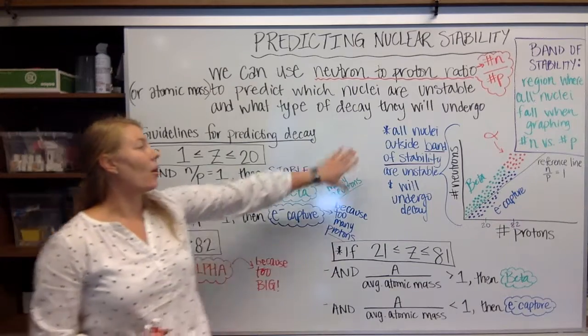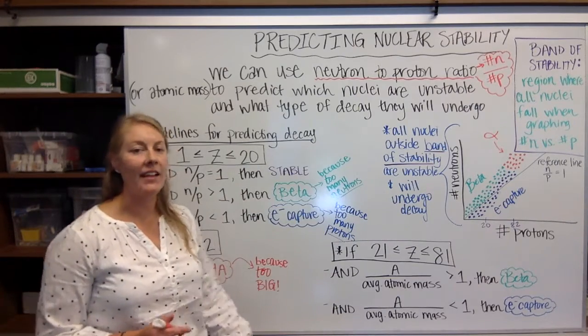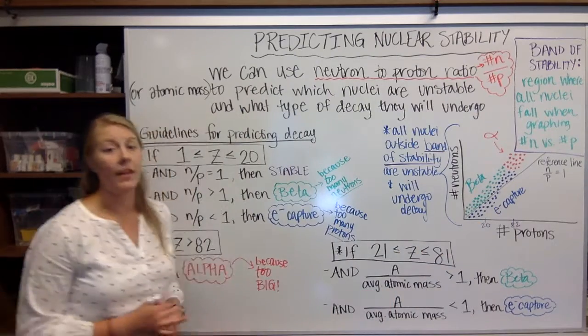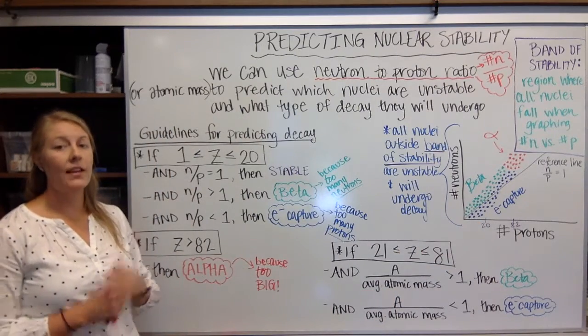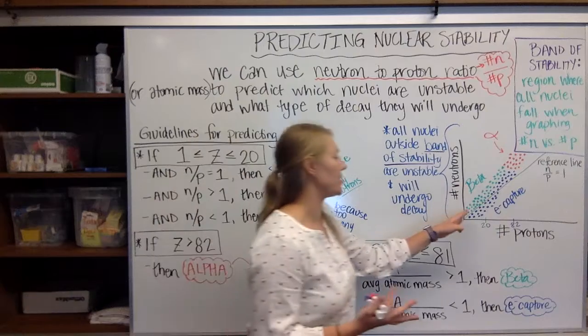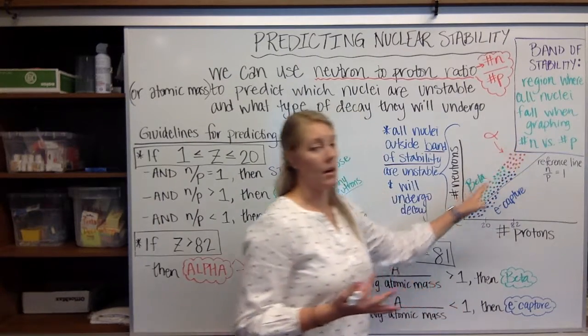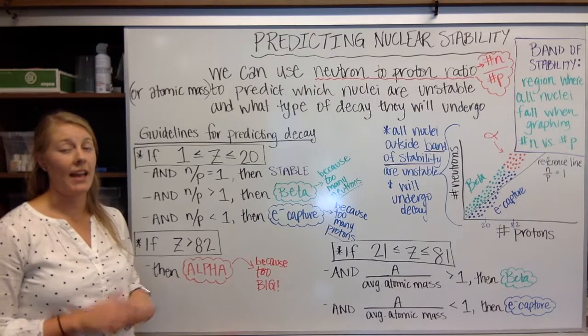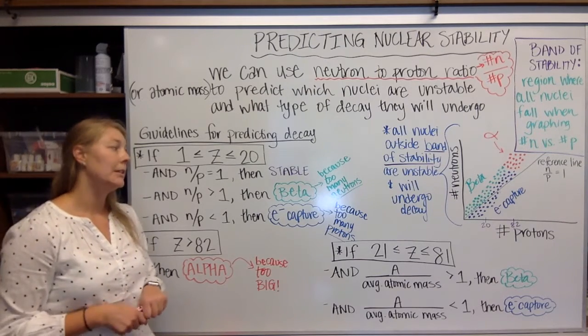So all nuclei outside the band of stability are unstable, and they'll undergo decay. Anything outside of that band, outside the center of that band, will undergo decay.